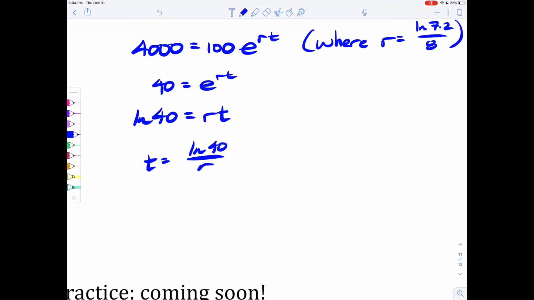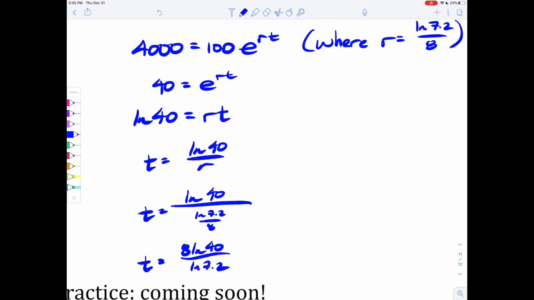If you want, at this point, you can sub this thing for r back in, over ln 7.2 over 8, and just play around with that complex fraction. We can do that.